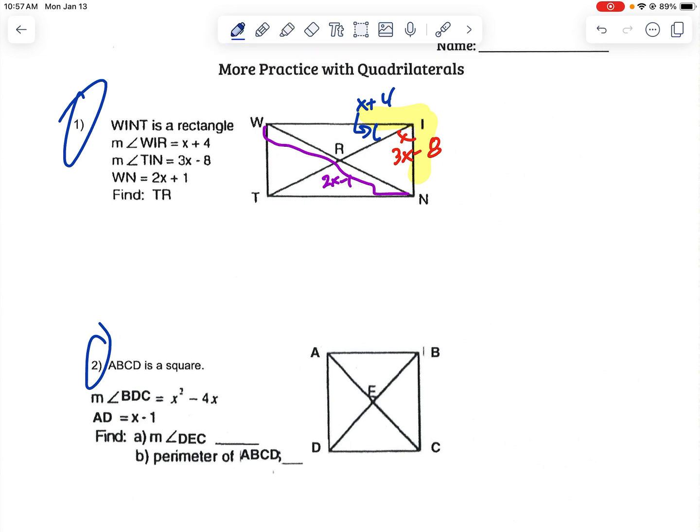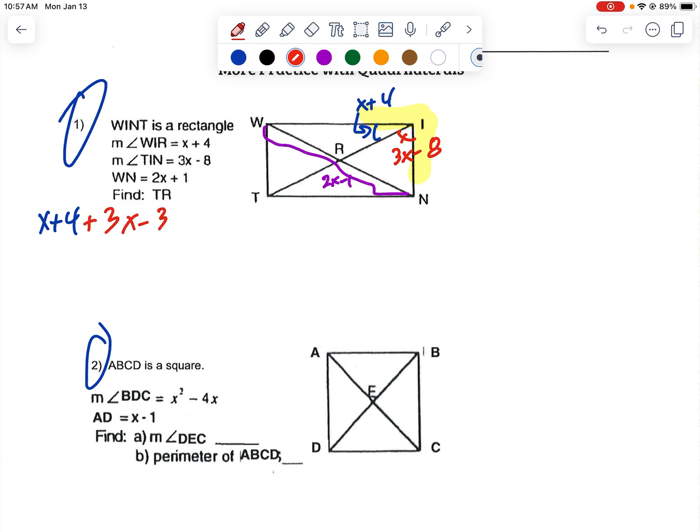I don't know for sure that x plus 4 is equal to 3x minus 8, so I can't set them equal. But I know for sure that those two angles are complementary. So I can take the x plus 4 and the 3x minus 8 and set it equal to 90, because complementary means they form a right angle, which means it's 90 degrees.